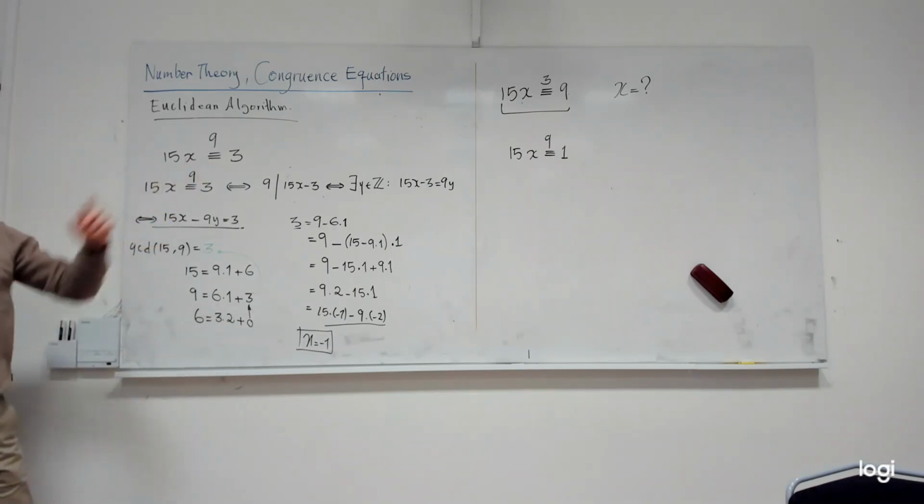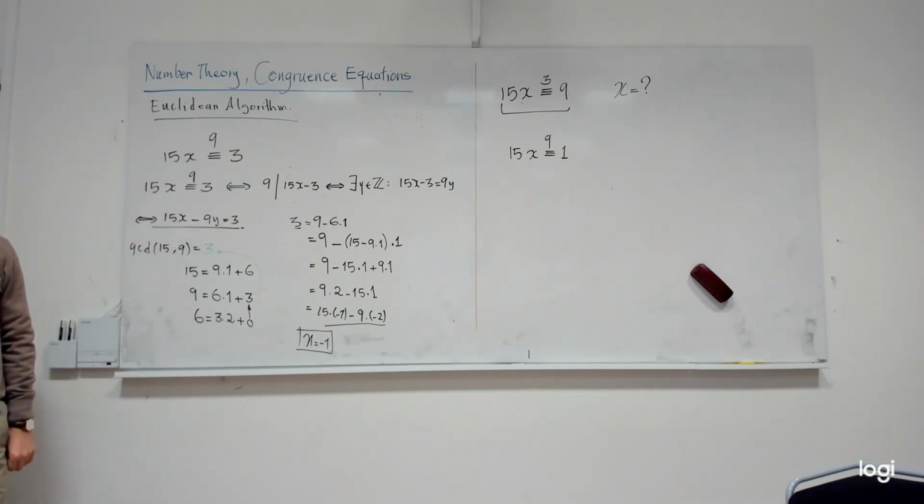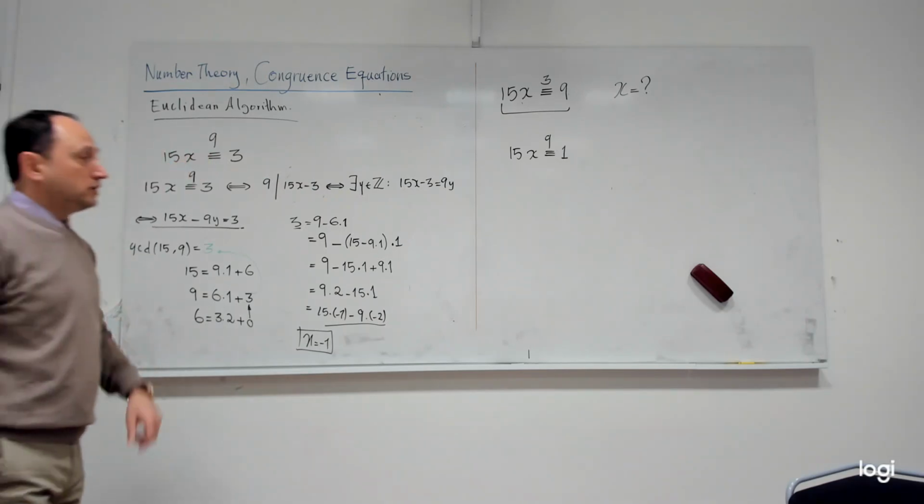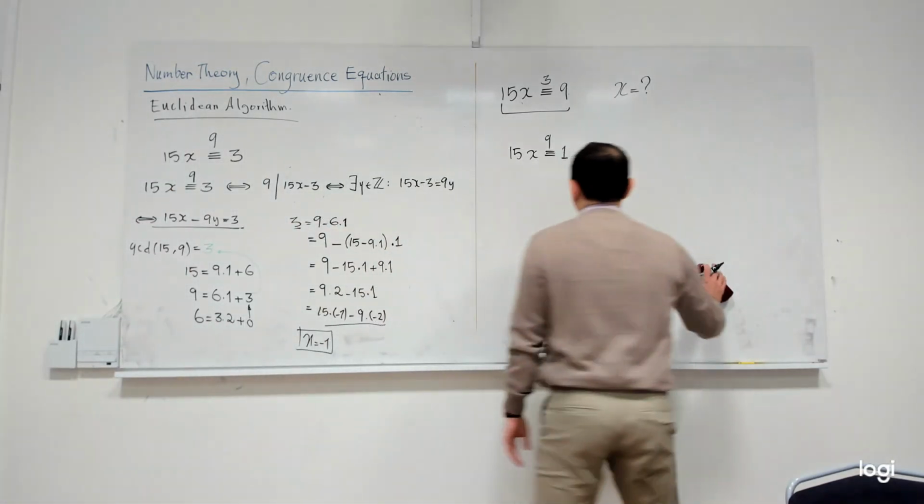Okay, so what do you think about this equation then? 15x, we want to find, if possible, an x in a way that 15 times x is congruent to 1 modulo 9. They have talked about this in the book, but if you want to solve this, let us just do it as before.